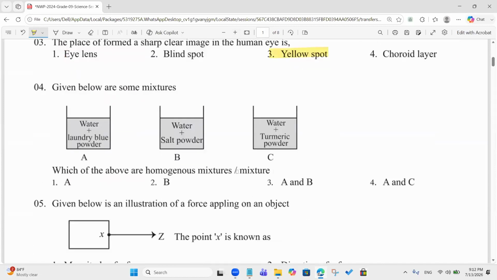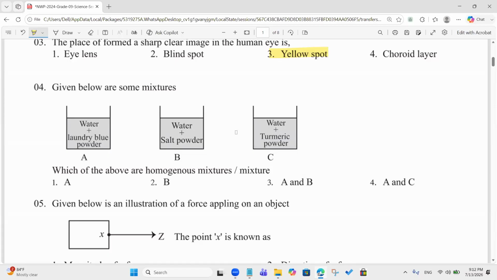Okay, number 4. Given below are some mixtures: water and laundry blue, water and salt solution, water and turmeric powder. What is a homogeneous mixture? Homogeneous means when a solute is dissolved, the color, composition, and transparency, these properties, are the same throughout the mixture.